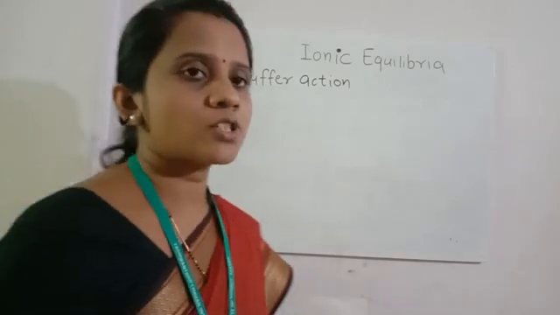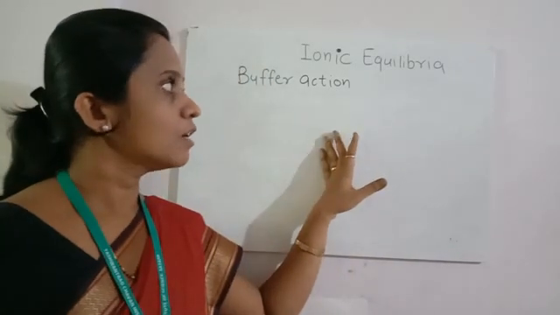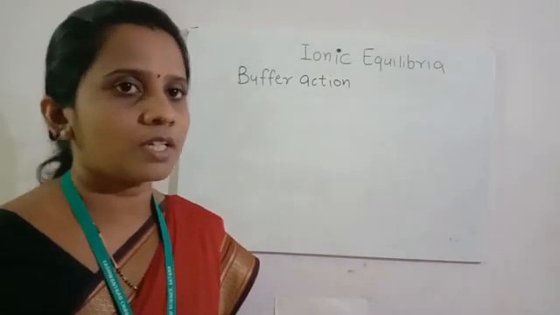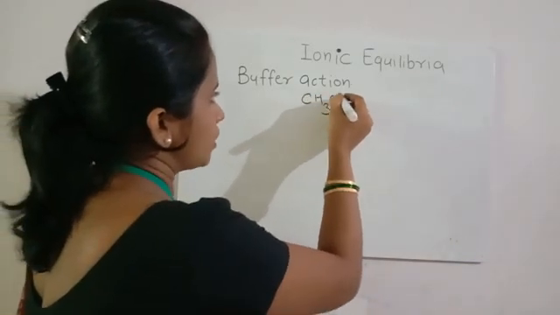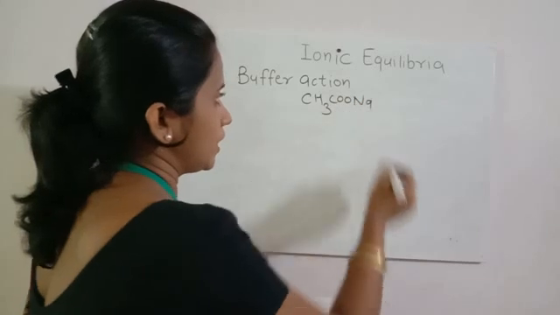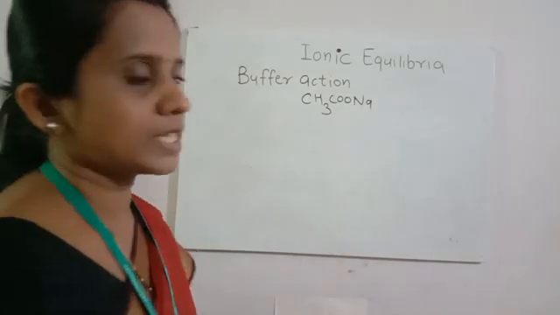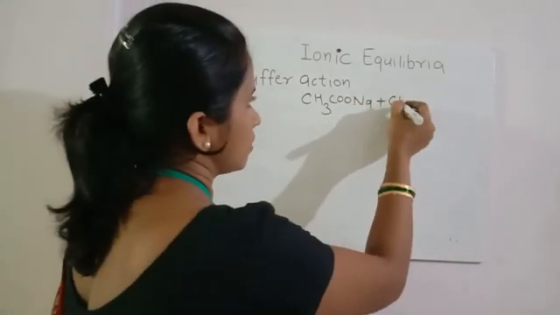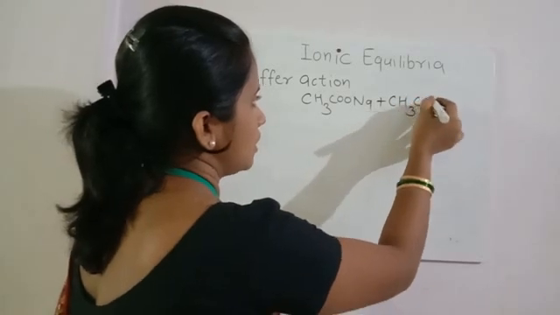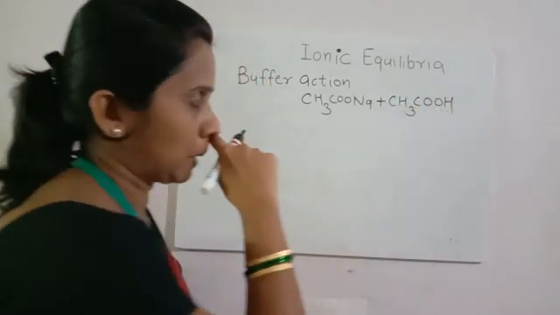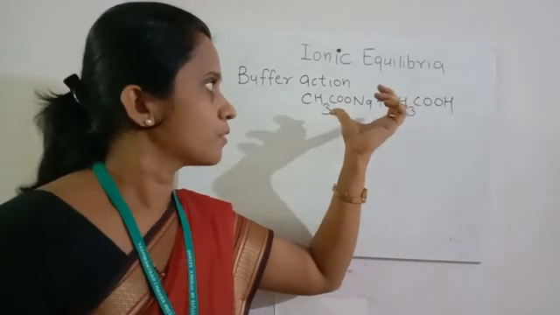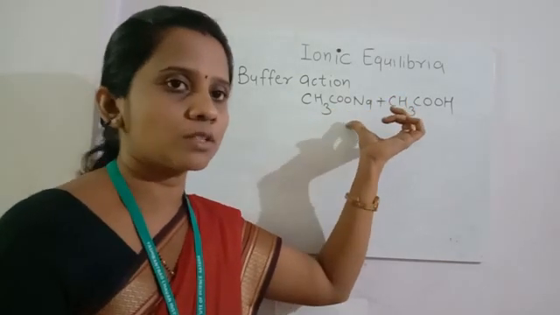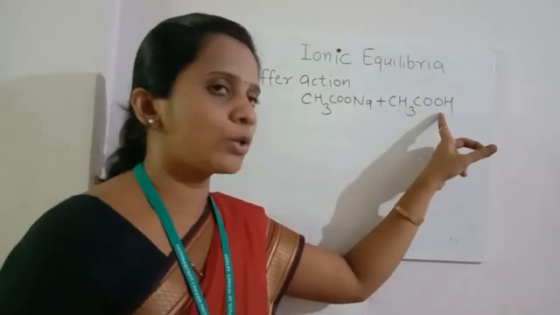For this buffer action, take an example of a buffer solution in which CH3COONa, that is sodium acetate, plus CH3COOH. That means it is an example of what? Acidic buffer solution. CH3COOH is what?